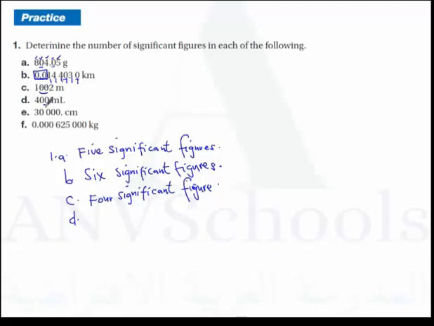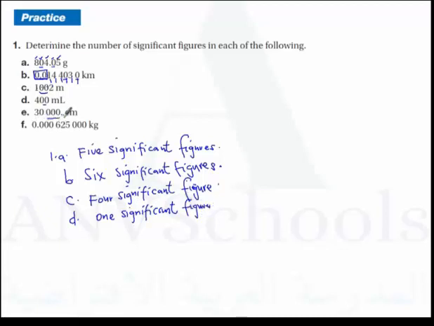So in this case, the significant value is just 1. We have only one significant figure.